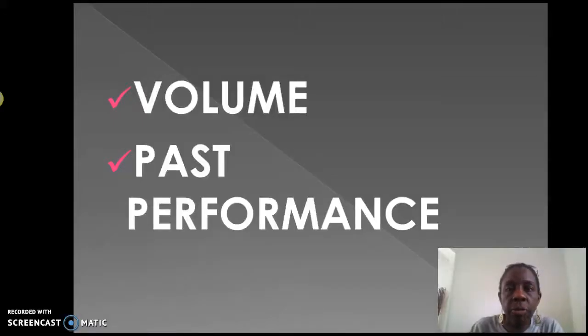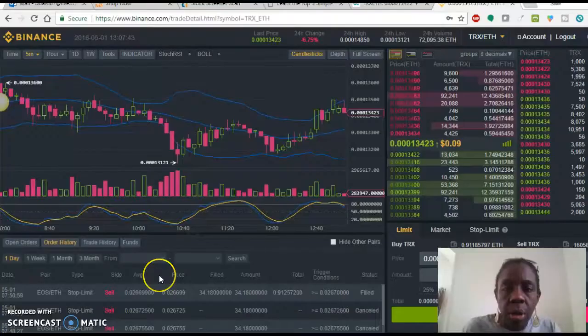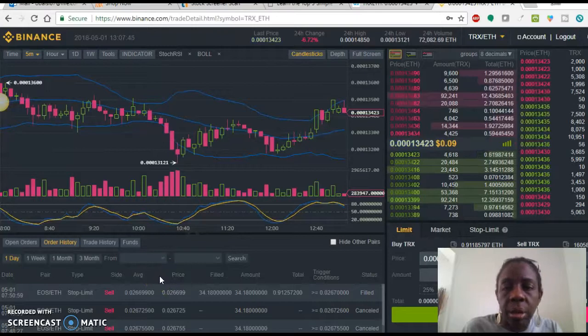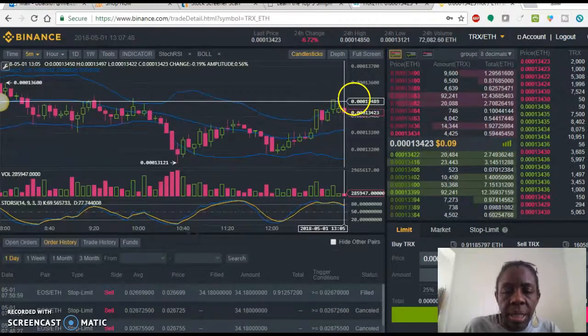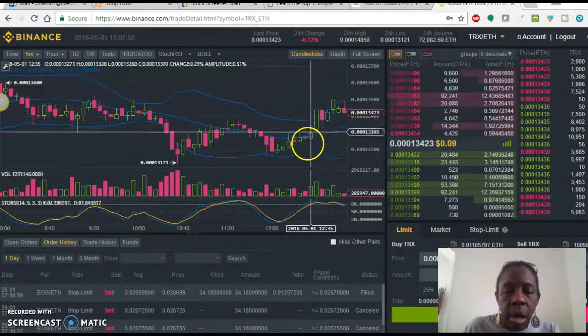Okay, so we've looked at the volume, we've looked at past performance, and one last thing I like to look at before I actually dive into a trade is the volatility. I'm going to show you how I do that. So back here on the Binance trading platform, you can see there's a good amount of movement up and down.